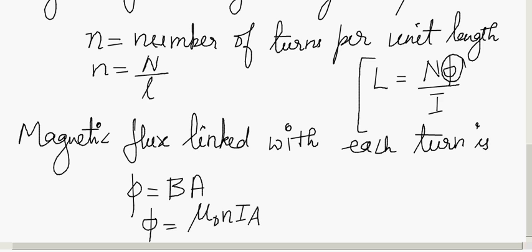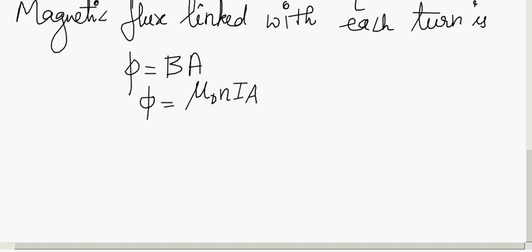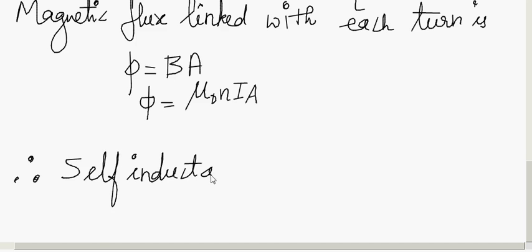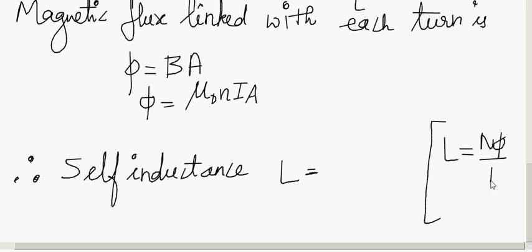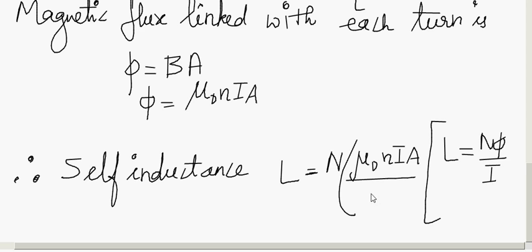Therefore self-inductance or coefficient of self-inductance L, by definition, is N phi by I. Now N into what is phi? That is mu naught n I into A, divided by I.